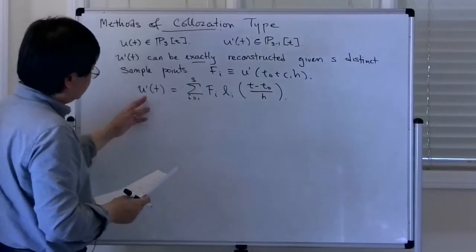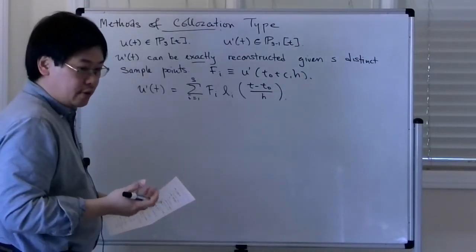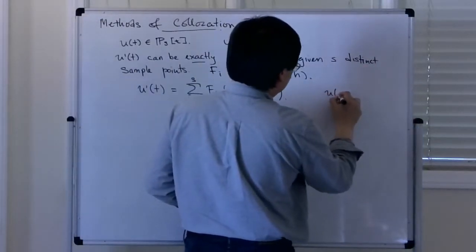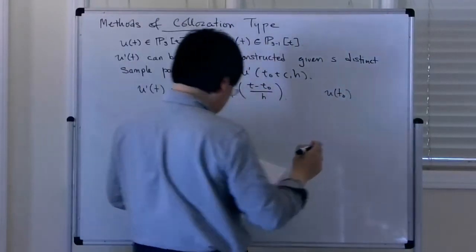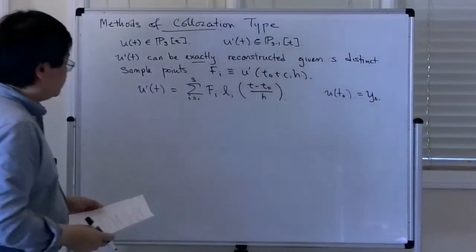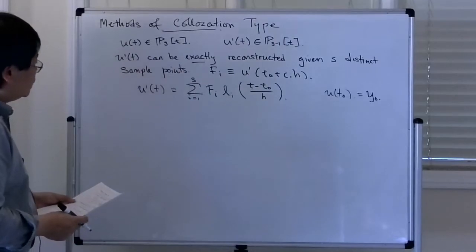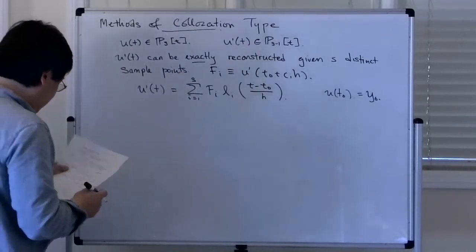So what you want to do now is to remember what u at t0 is. You know u at t0, that's just y0. So of course you can use again the fundamental theorem of calculus to evaluate u.